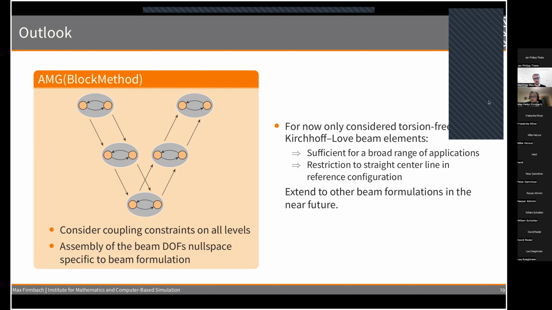So they have to be stress-free at the beginning of the simulation. Of course, the goal is to extend this to other beam formulations too, which are already there in our multiphysics code, but it just needs some time and tweaks to be able to use that properly in combination with MueLu.